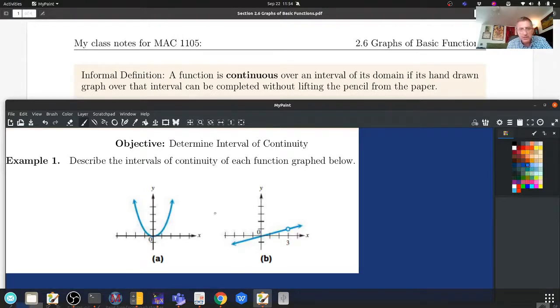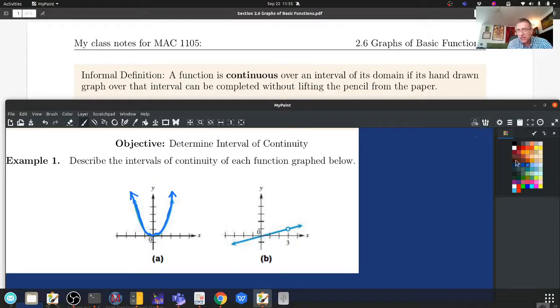So if we look at this graph here, and I try to actually trace over it, I'll make it bigger so you can see where I'm tracing. I can trace over all of this graph, and I never have to lift my pen off the paper.